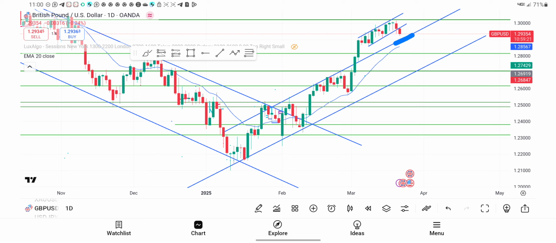And in as much as I talked about imbalances, and I showed you guys the imbalances on the DXY, the strength of the dollar, this is also the same thing happening here. You can see the imbalance here, one. You can see the second imbalance candle here. You can also see the third imbalance candle over here.